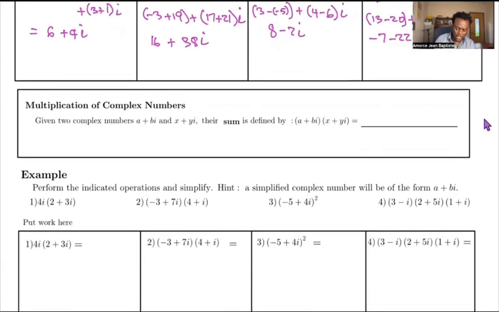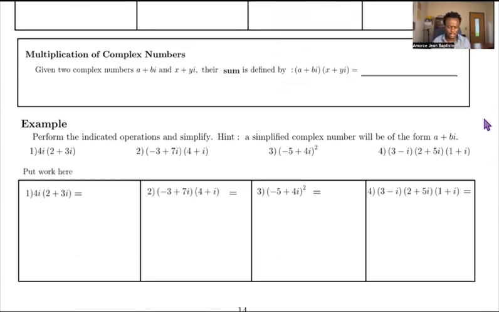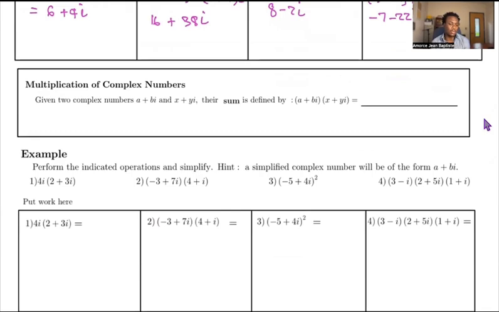Now let's look at multiplication of complex numbers. The multiplication of complex numbers is like FOIL.